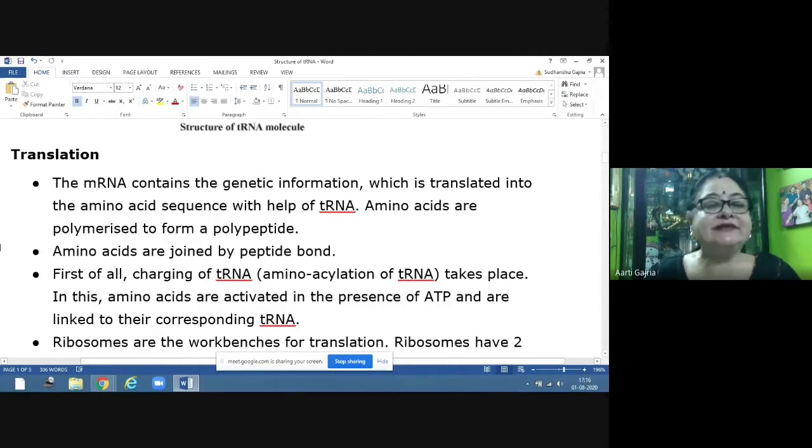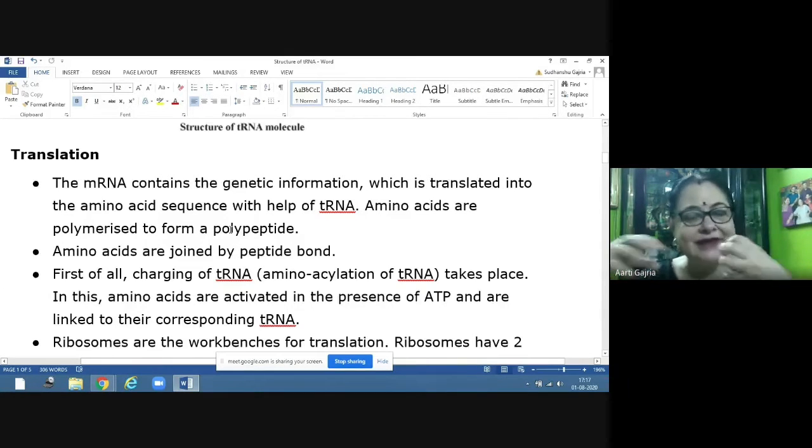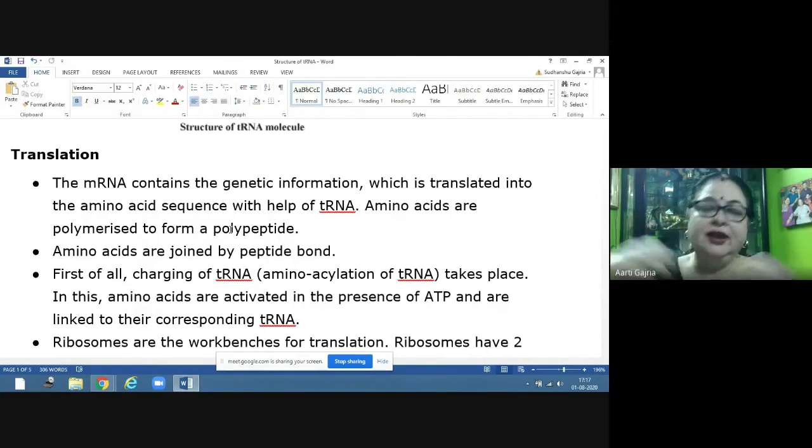So this messenger RNA contains the genetic information, which is translated into the amino acid sequence with the help of transfer RNA. Amino acids are polymerized to form a polypeptide. Now these amino acids which have come together as per the triplet codons will join together by peptide bonds, and then they will form a polypeptide.